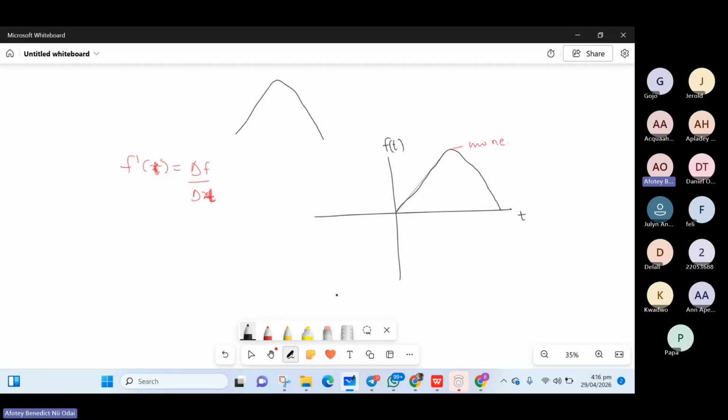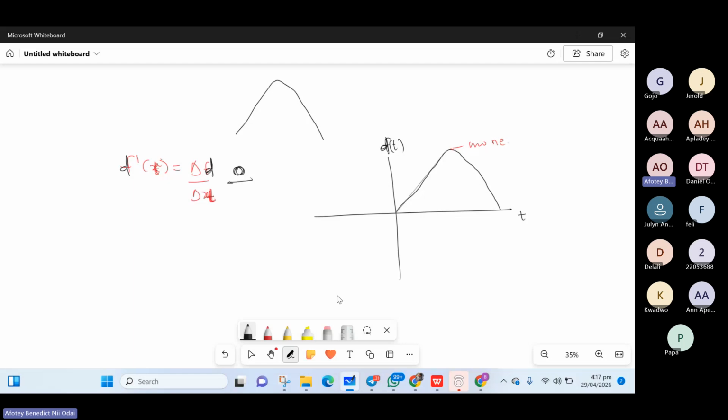So at that point it stops moving. The change in f, let's use distance for this, so let's use d of t so that it becomes a bit clearer. Since the distance is not changing, but the time is still moving, the change in distance becomes zero, and the time becomes some value that we are not focusing on, because time is not stopping when the object stops.